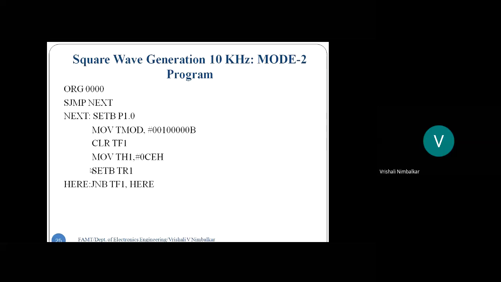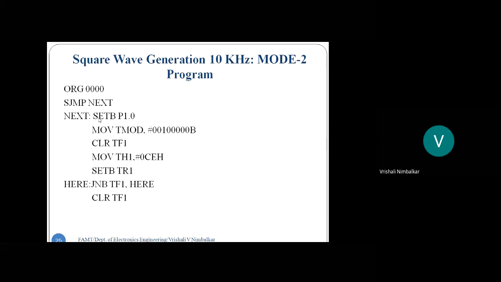But now we started the timer, and the microcontroller will keep on checking the flag bit. As soon as there is an overflow, it will not jump. It will come out of the jump loop. What do we need to do? We need to only clear the flag. See here, students, I want a continuous square wave, meaning this counting up should happen again and again. So I am not stopping the timer. I am just clearing the overflow flag. But then what I need is a square wave.